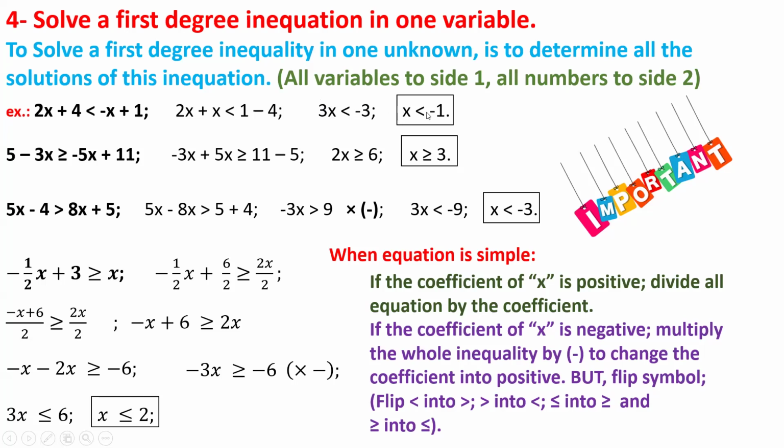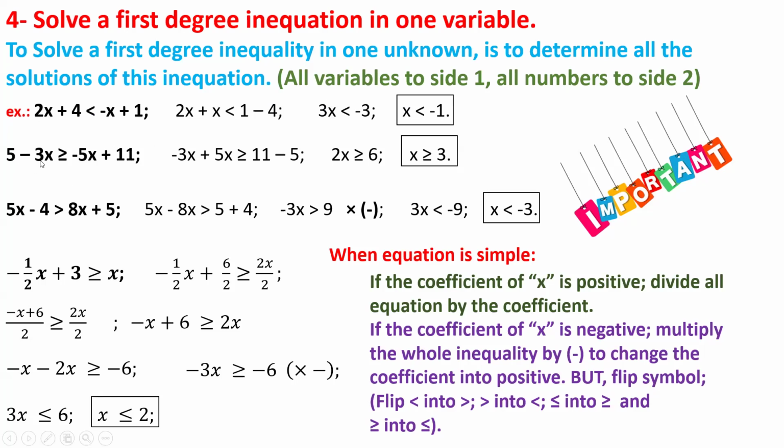Minus 3 divided by 3 is minus 1. So x less than minus 1 is the solution of this inequality. What are the values of x less than minus 1? Is minus 1 included? Of course, no. So I have minus 2, minus 3, minus 4 until the end of all negative numbers.